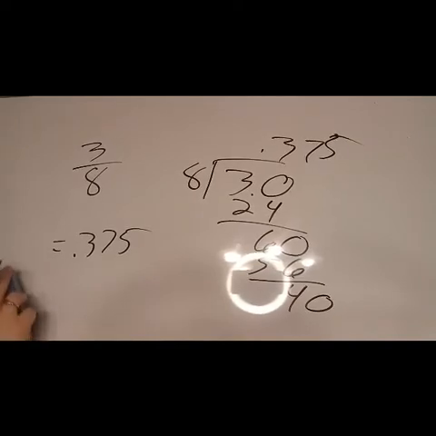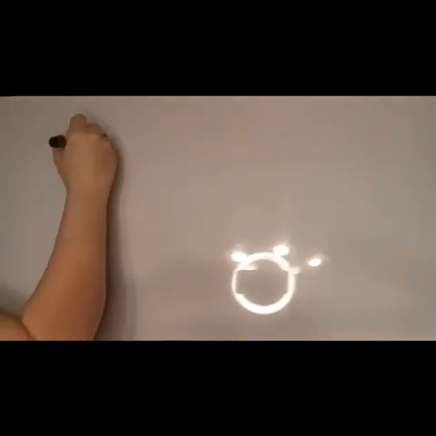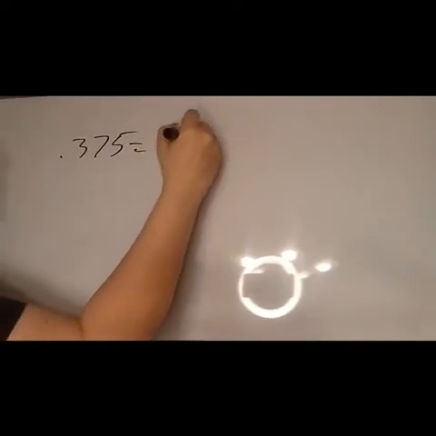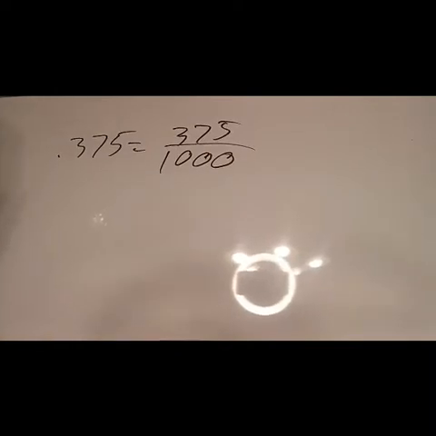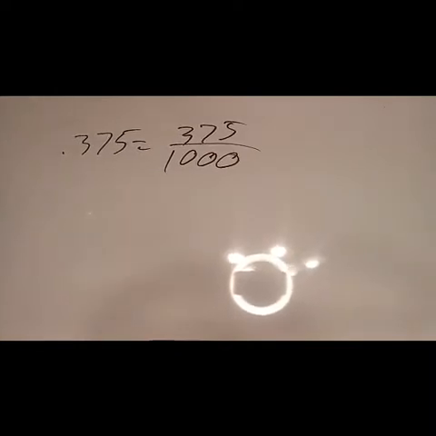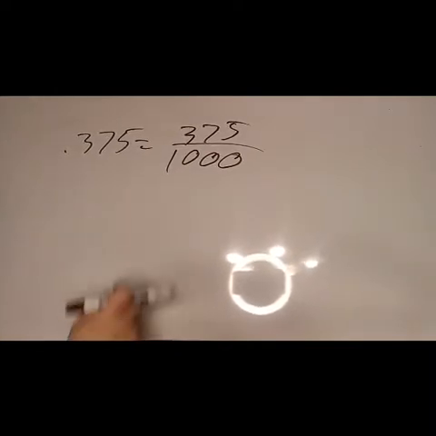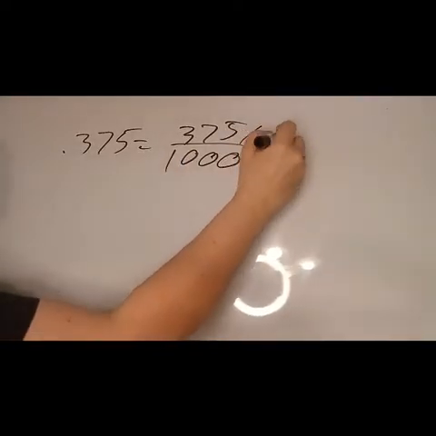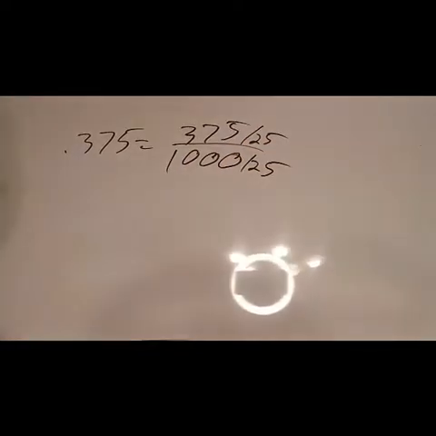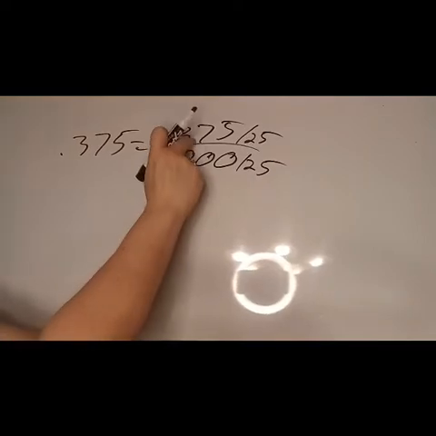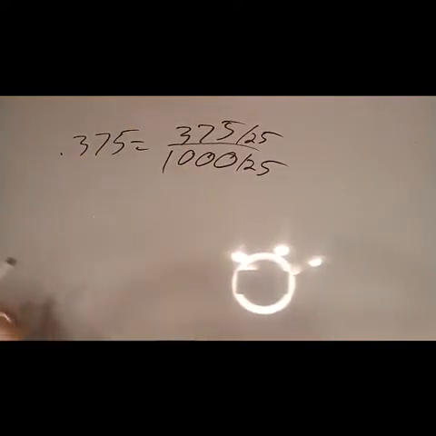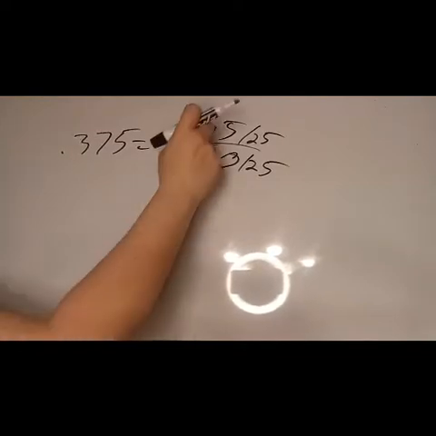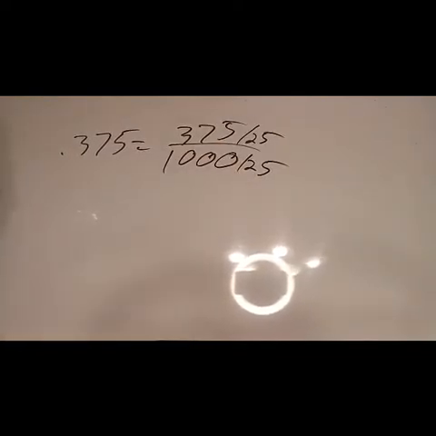Now let's go the other direction. 0.375 is 375 over 1,000. We can divide by 25 again. There are 4 25s per 100, and we have 3 of them, so we have 12 25s plus 3 for the 75.